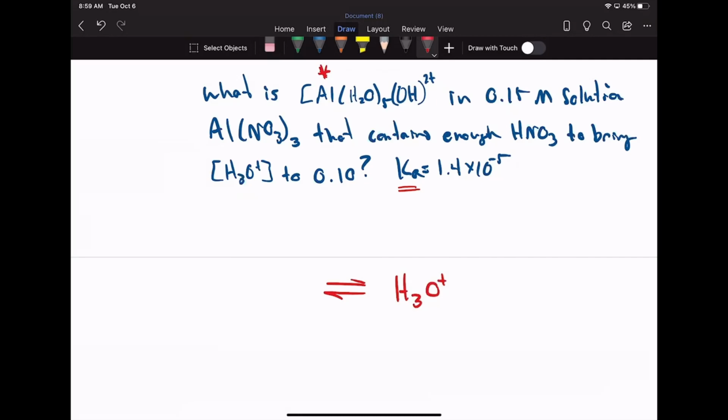So now I'm going to have to add, because this has hydroxide, this is where my Al(H2O)5OH2+ is. Which means on the other side, I'm going to need water and that conjugate acid.